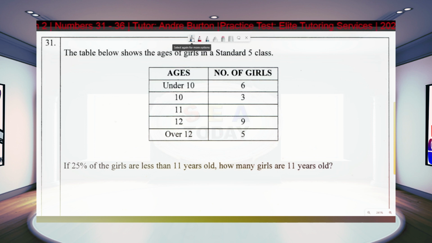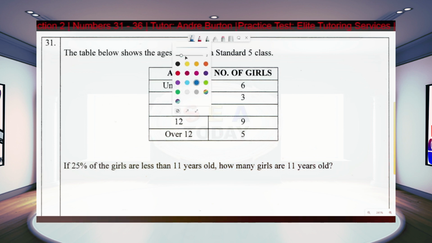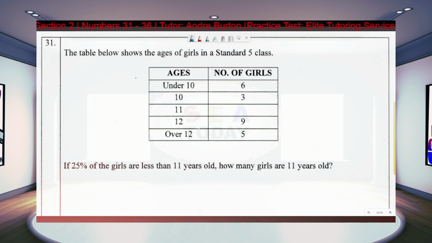Alright, so in order for us to calculate this, we need to have an idea of the total amount of girls. And the good thing is we have a percentage, and keep in mind that a percent is actually the same thing as a fraction. It's just a fraction written out of 100. So the fraction that represents 25% is 1 over 4.